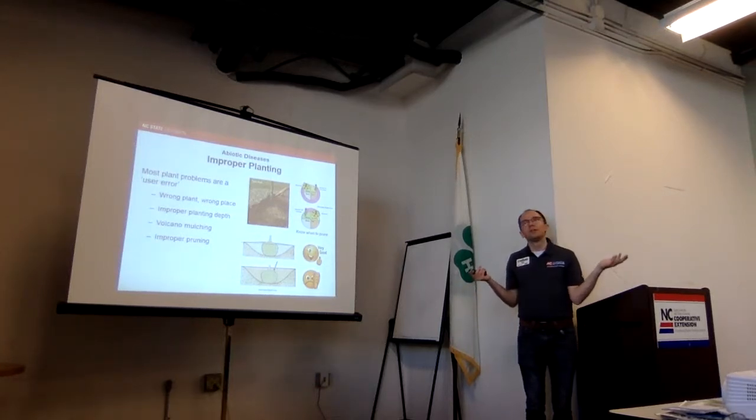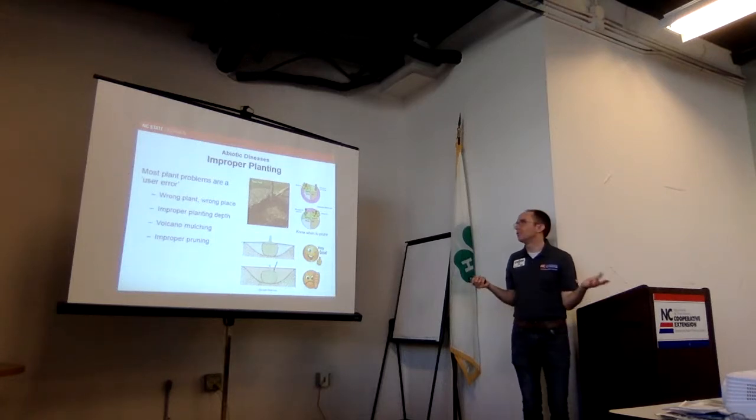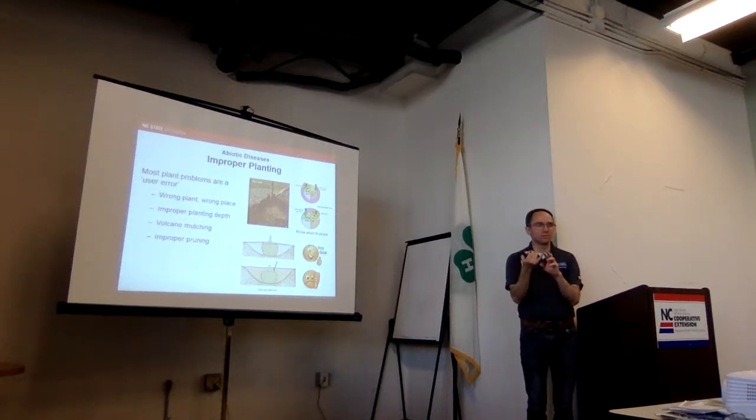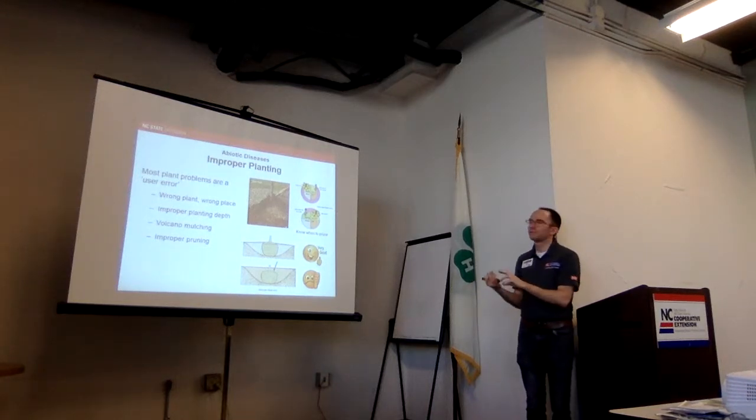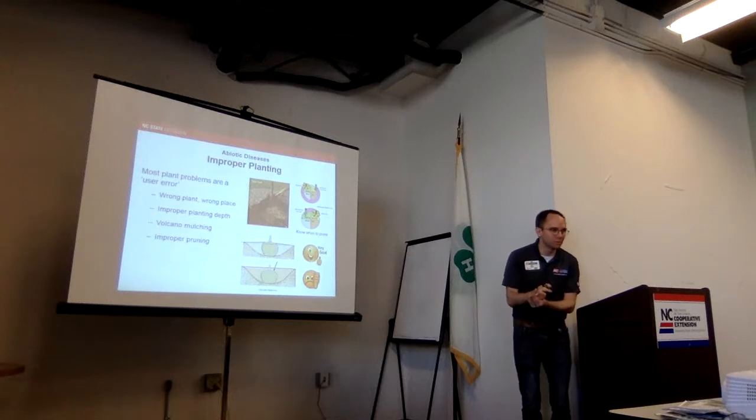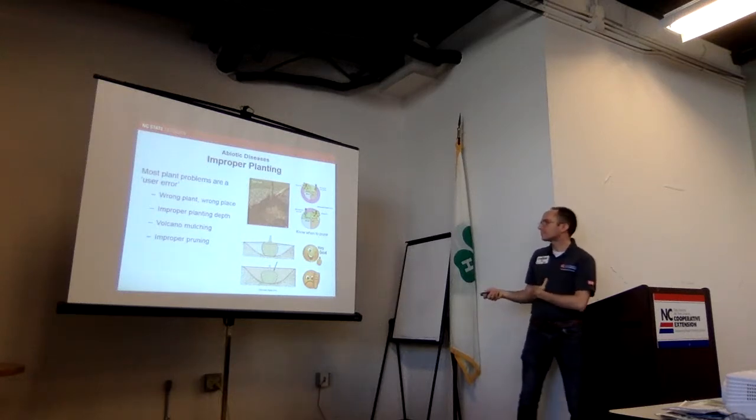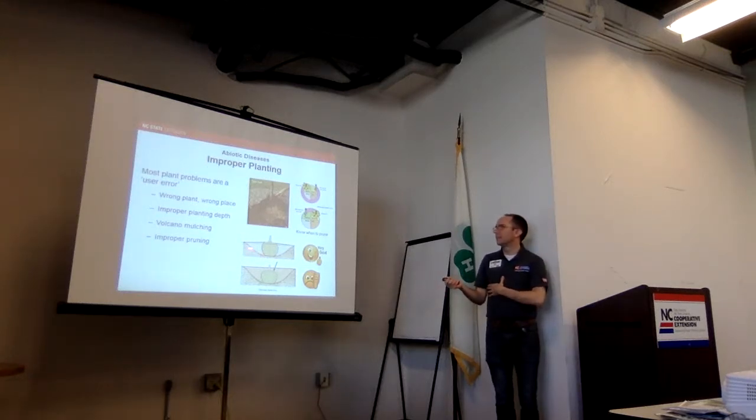No. We've got roots that do that. And so if you're piling stuff around the stem, it's not going to like that. And you can, one, attract critters, voles, and also it makes the stem tissue more vulnerable to infection. When we're planting trees, make sure the root flare is at the same grade level as the surrounding soil.